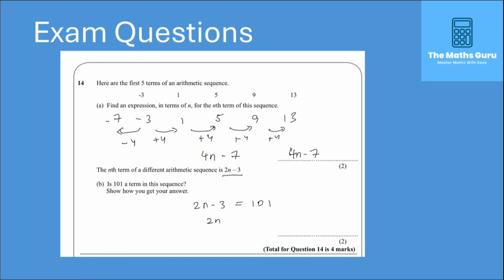Adding 3 to both sides, 2n is equal to 104. Divide both sides by 2 and we get n equals 52. This proves that 101 is a term in the sequence because we've got a whole number for n. So 101 is the 52nd term in our sequence.